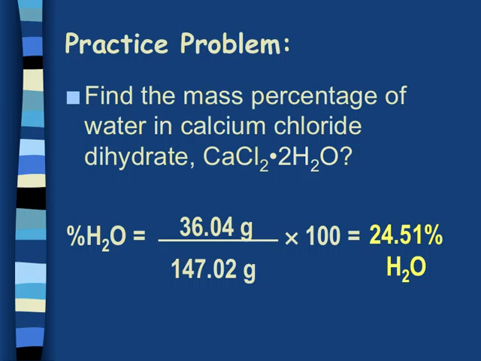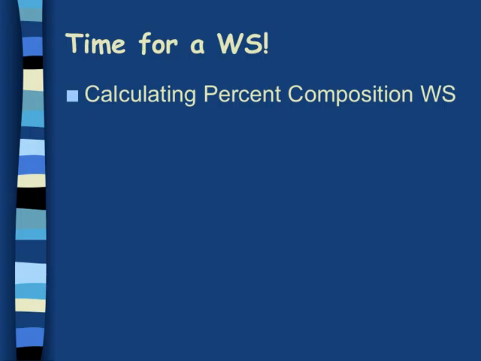We will learn how to take this percent data and turn it into formulas probably next week. But now we have gotten to where we have completed our percent composition, and we're going to take a minute and do some practice in your notes packet, or homework packet.